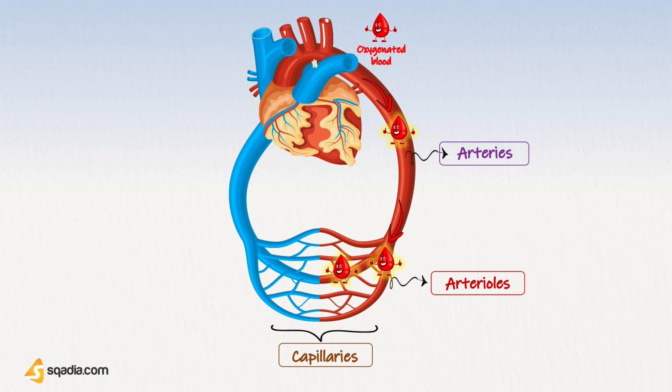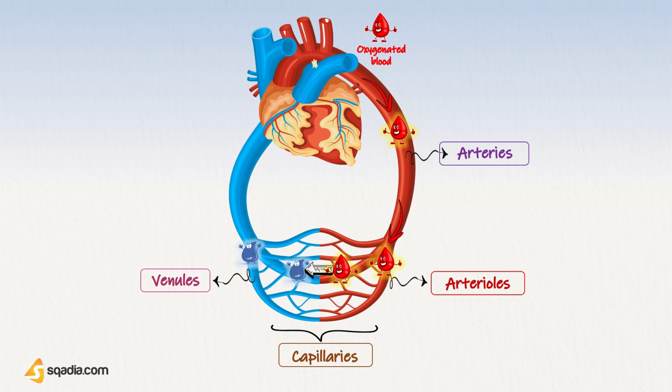At this level, oxygenated blood transfers its oxygen and other required nutrients to the cells, and in return takes up the carbon dioxide that is formed inside the cells due to various cellular processes. Now the blood has turned to its deoxygenated form. This deoxygenated blood then enters another set of vessels that are called venules.